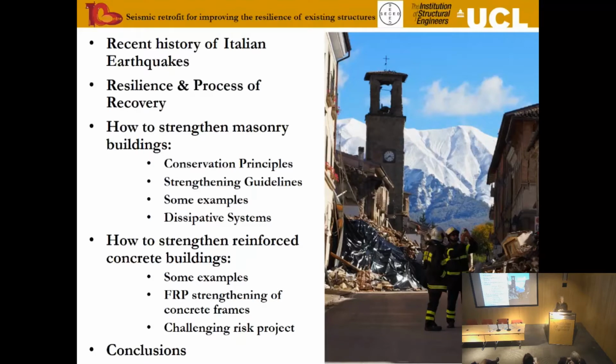As you will see, too many earthquakes occur there too frequently, with consequences that we wouldn't like to see in the future. Some of the things that I will talk about are common to both of our presentations. We will then look at how to strengthen masonry buildings, and then Tiziana will show work that she has led, and partly we have done together, on how to strengthen reinforced concrete buildings, and some joint conclusions.